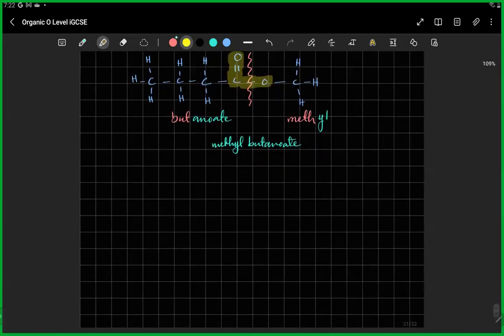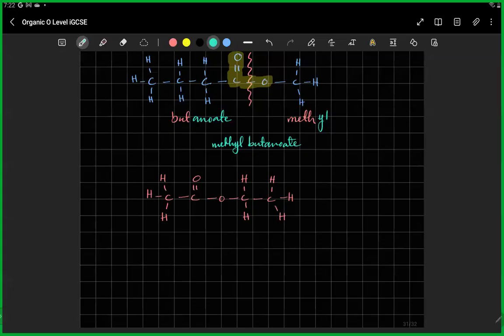Okay, let's do another one. You'll just be asked to name simple esters. So here's another one, an ester. Same thing.